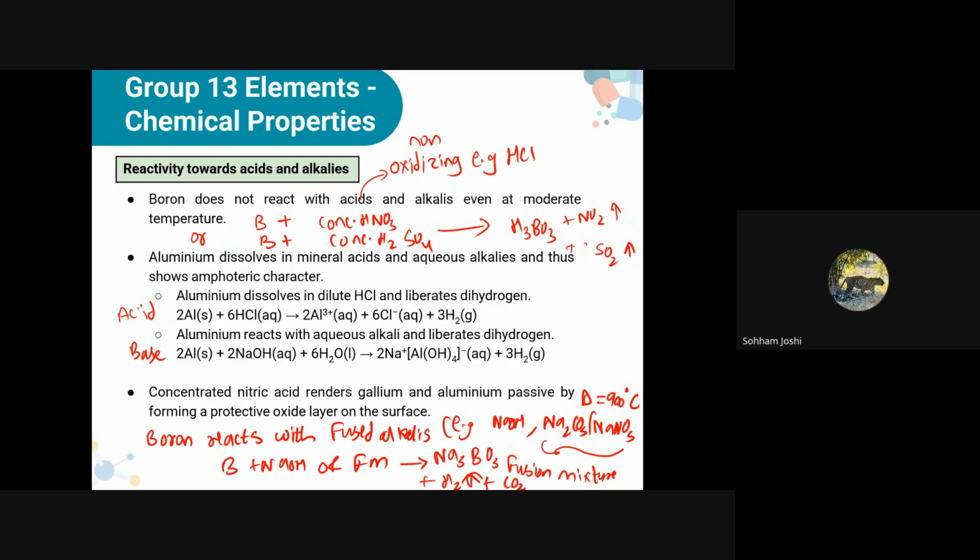CO2 is only in the case of fusion mixture, not in the case of the others. Yes, but the main product is Na3BO3. And please don't forget to write the note that it won't react with aqueous solution of alkali.